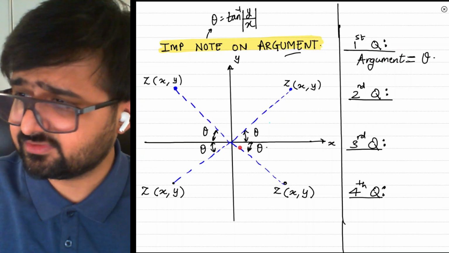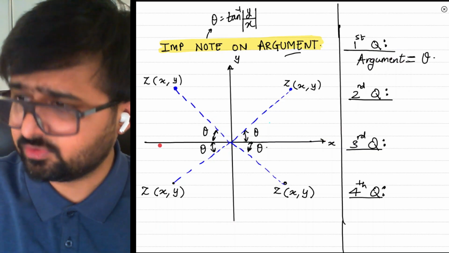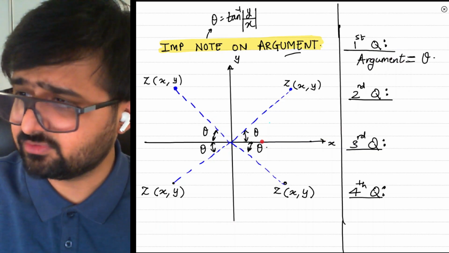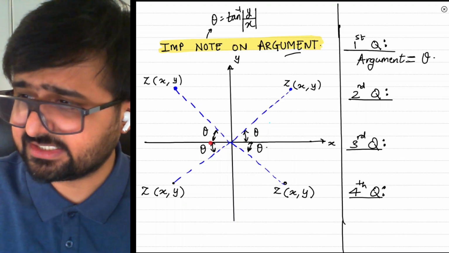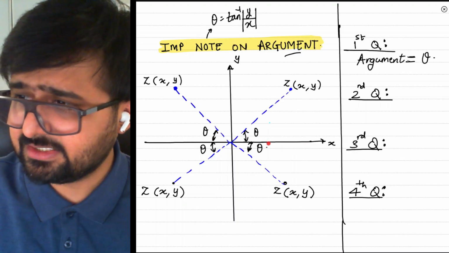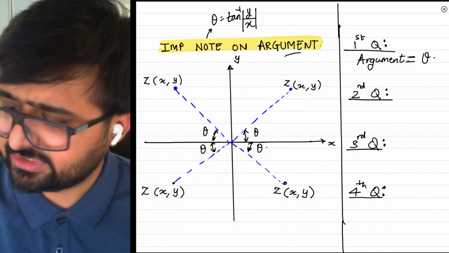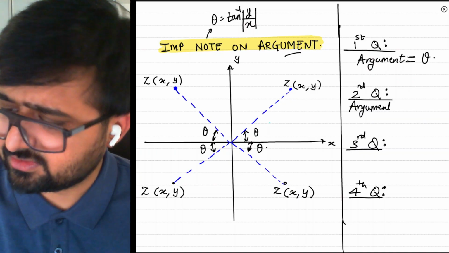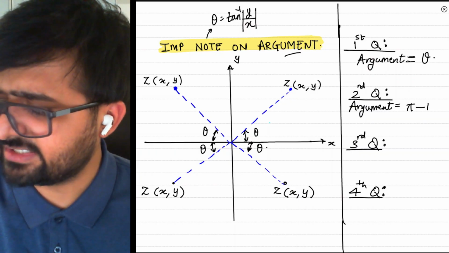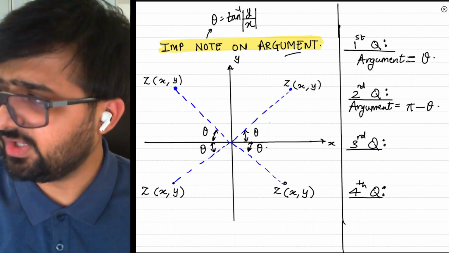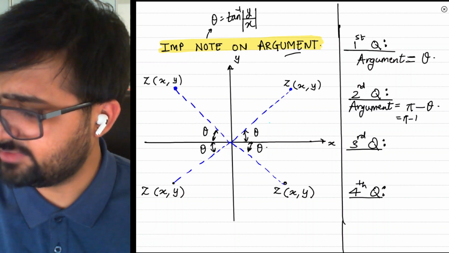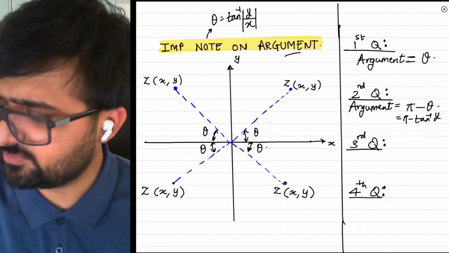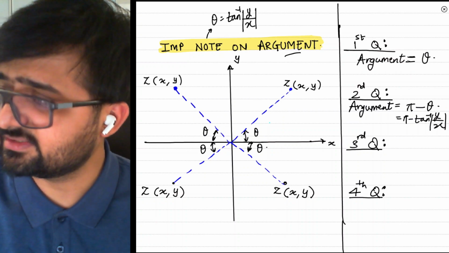What is this angle from here to here? We know this whole straight line is pi. This is theta, so pi minus theta is this leftover angle. So in the second quadrant, argument is pi minus theta, or pi minus tan inverse y by x, because theta is tan inverse y by x.